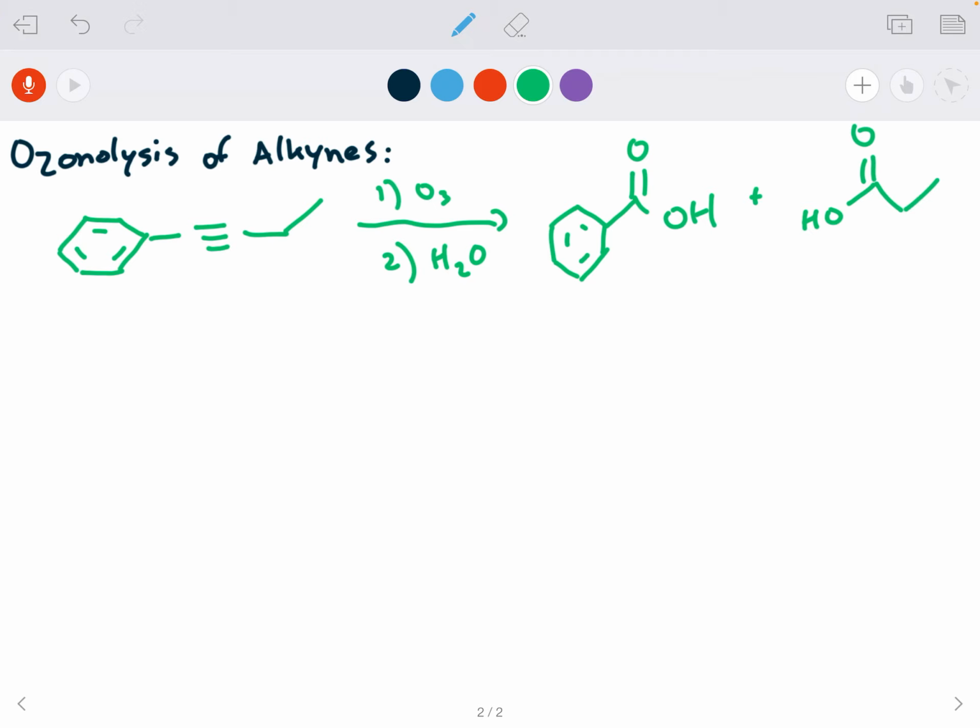Now the trick I use for these is I just put a little dotted line right through the triple bond. And I know that on the left side of this dotted line, I'll get the phenyl with a double bonded oxygen and then an OH. And I know on the right side, I'll get the OH followed by the carbonyl and then the ethyl substituent. So that's how I divide it to make it a little bit easier to see where I'm getting the carboxylic acids and what the carboxylic acids should look like.